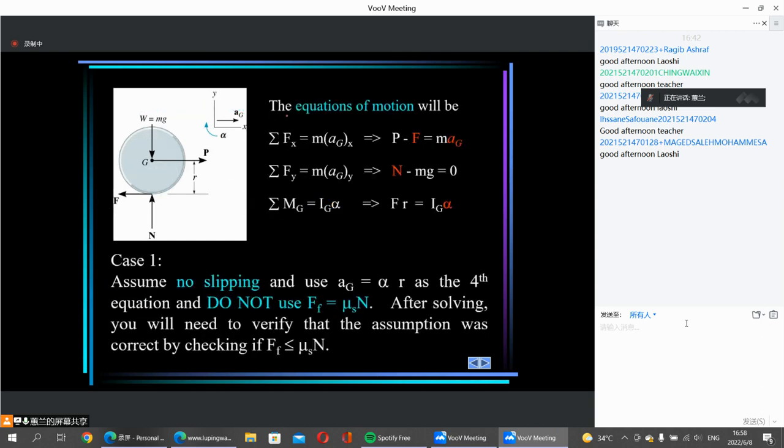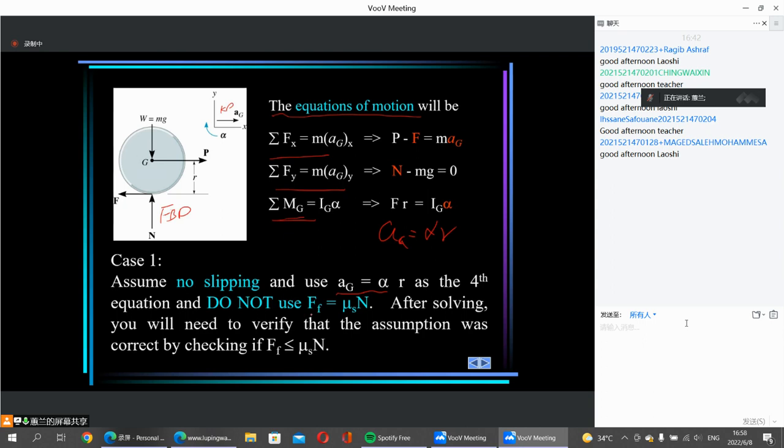Okay, so for the equation of motion for this disk rolling, here is the FBD, this is KD, and then we have two equivalent force systems, same resultant force, same moment about any point. If we assume no slipping, then we can use Ag equal to R alpha. So four equations, four unknowns, we can find them.